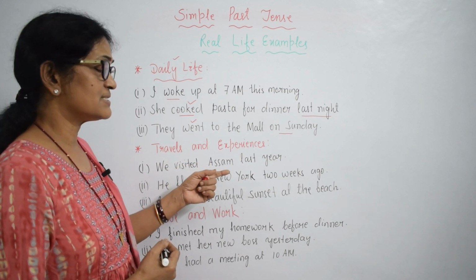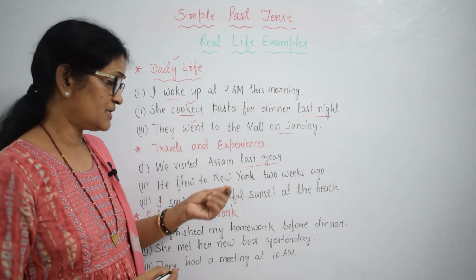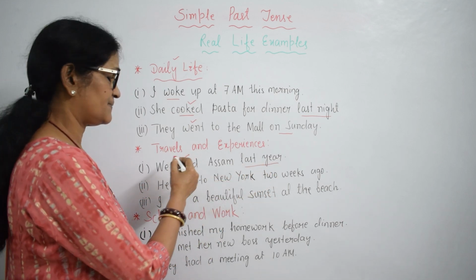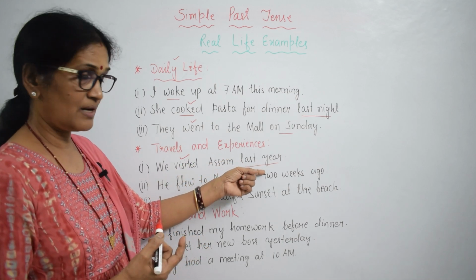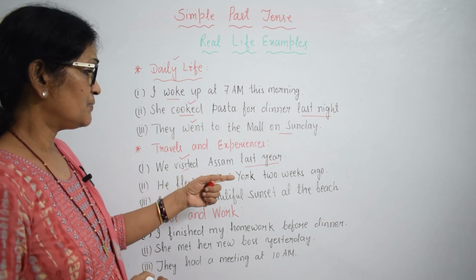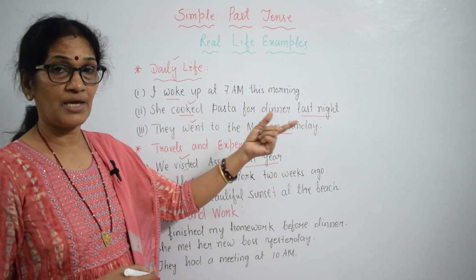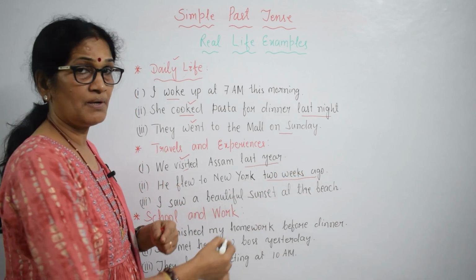We visited Assam last year. Last year, simple past time expression. Okay, we visited. The action happened in the past. He flew to New York 2 weeks ago. 2 weeks ago is the time expression for simple past.